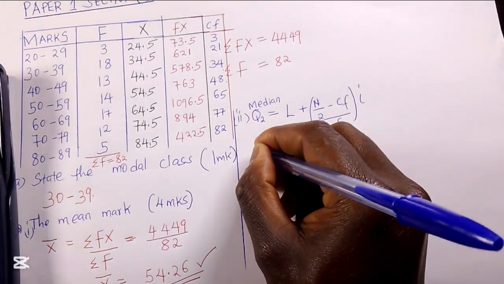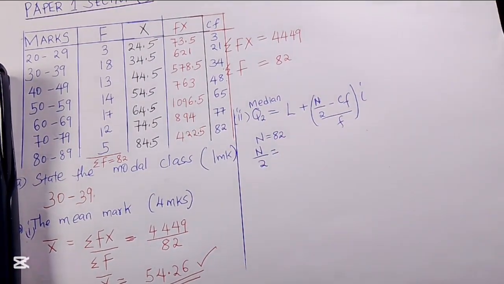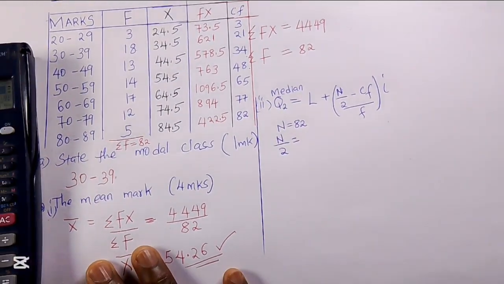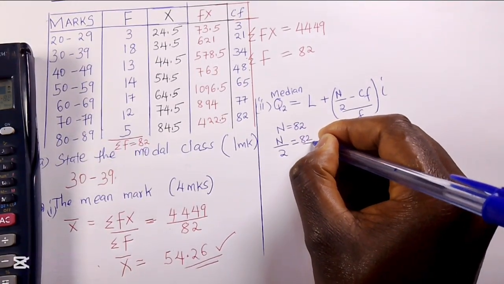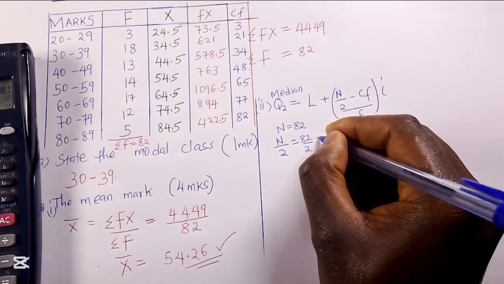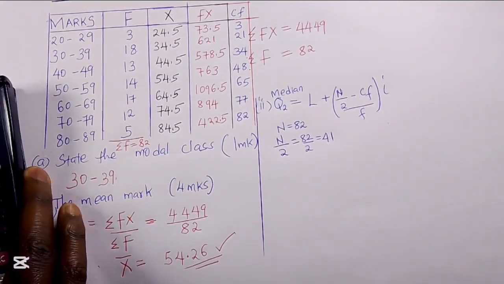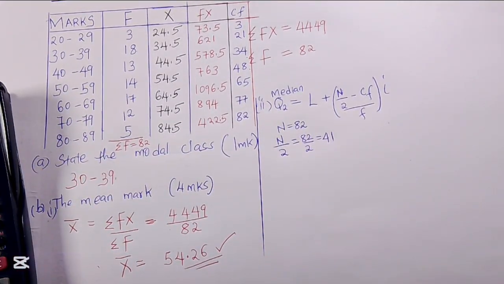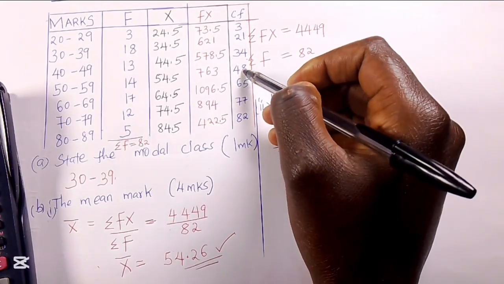For us to determine the median class, we said it is always n divided by 2. So n divided by 2 is equal to 82 over 2, which is equal to 41. Where 41 is, that is the cumulative frequency class, and because we do not have 41 here, we will take 48 in this case.